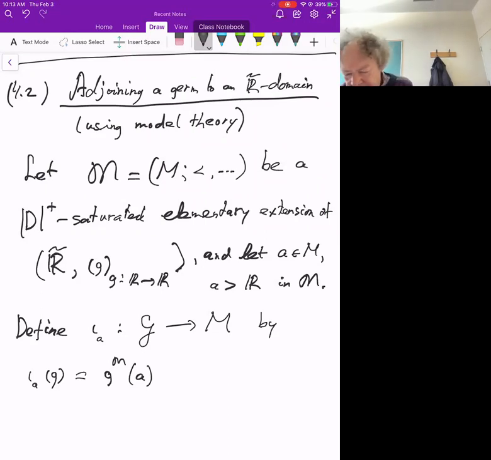Maybe I should explain, there are two g's appearing here. On the left, in iota_a(g), g is just a germ from the set of germs. And on the right, g is a representative of that germ, or strictly speaking, the name of that representative in this structure R tilde. And then this name names a certain function from M to M. I hope this is not too confusing.